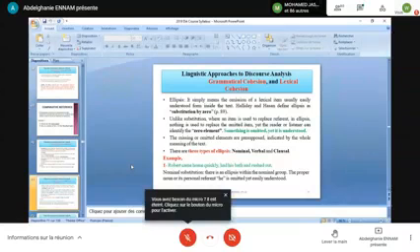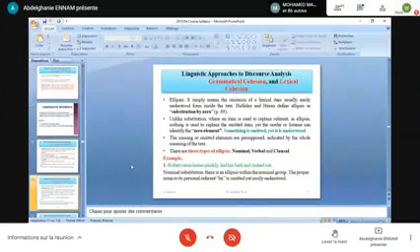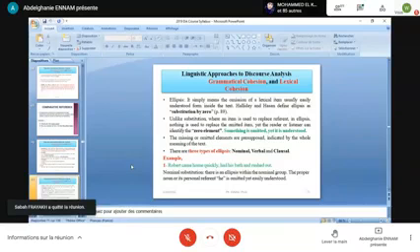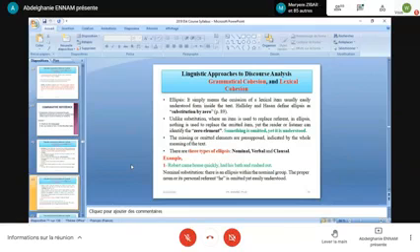Anyway, again, you have three types of ellipses. We have nominal ellipsis, verbal ellipsis, and clausal ellipsis. For example, Robert came home quickly, had his bath, and rushed out. So we have here nominal ellipsis.